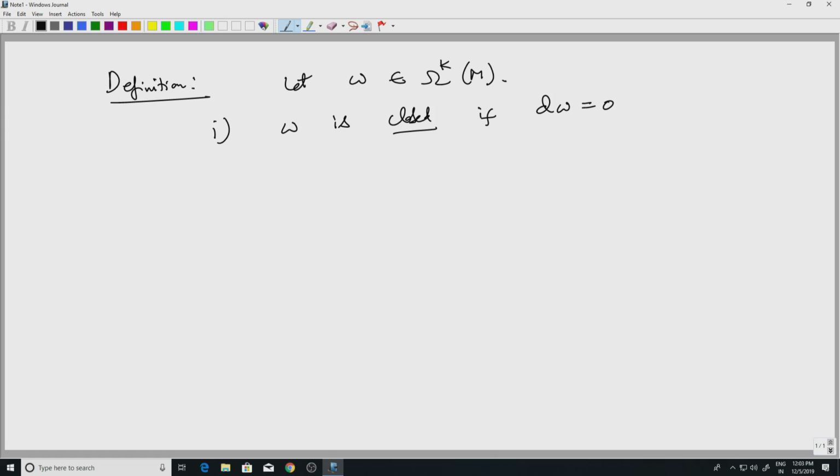Here 0 of course refers to the 0 form regarded as a k plus 1 form. And the second thing is omega is exact if omega equals d eta for some eta in omega k minus 1 m.